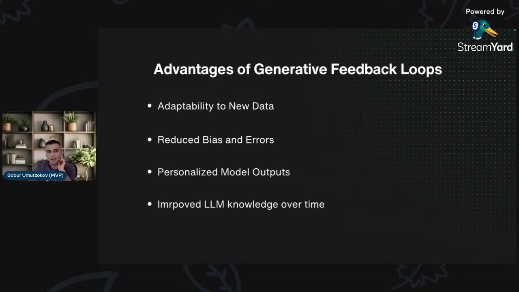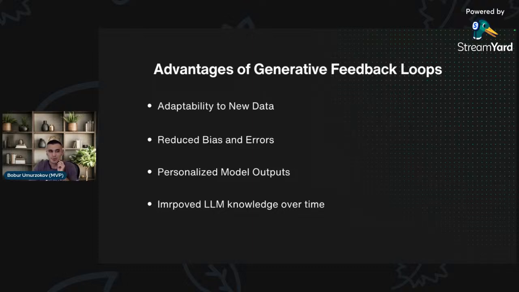Also, it reduces bias and errors, because the first time it can answer incorrectly, but next time, because it receives its output, it learns that it was an incorrect answer, can remove the bias and increase the accuracy of this model. And most importantly, it personalizes the model outputs. As we are interacting with both vector stores and users, we can also learn from user preferences and provide more personalized answers for the users of this application.